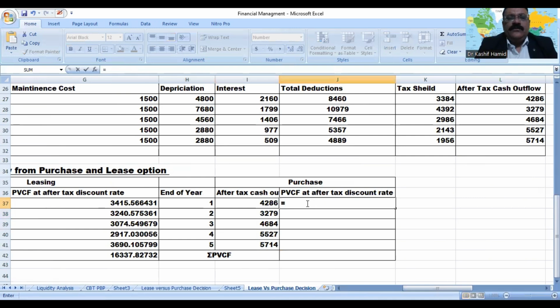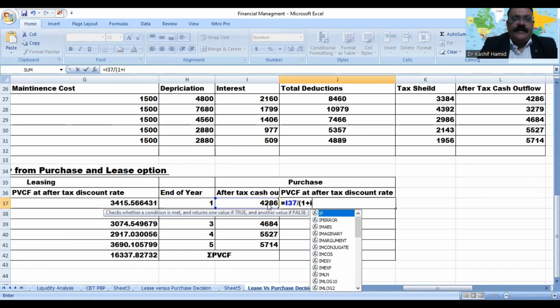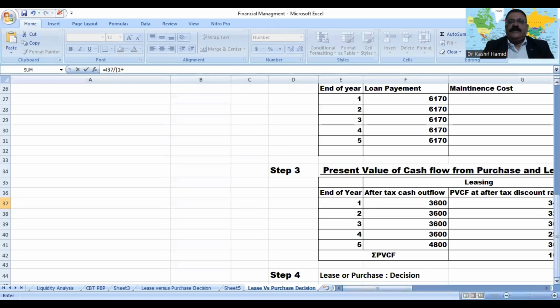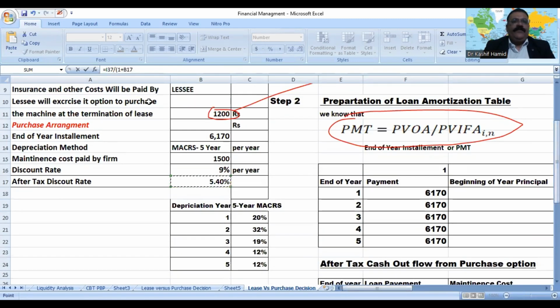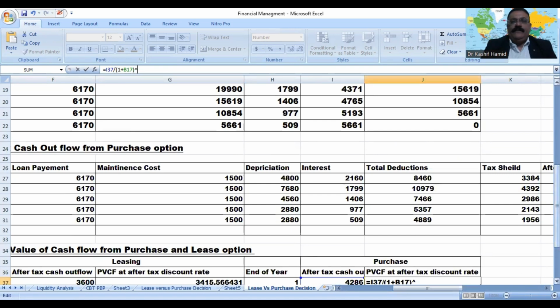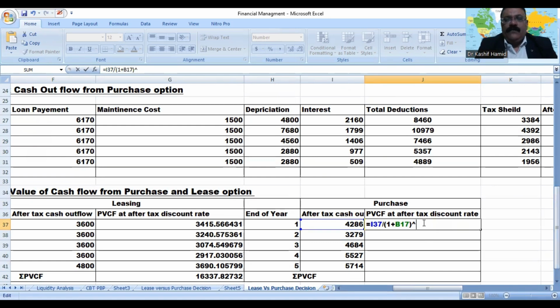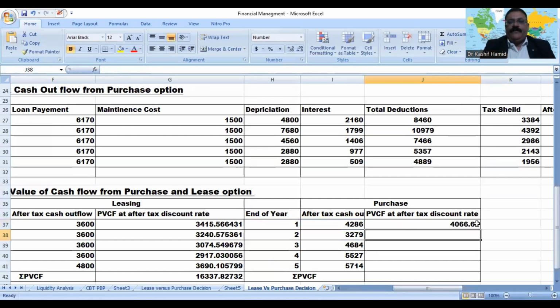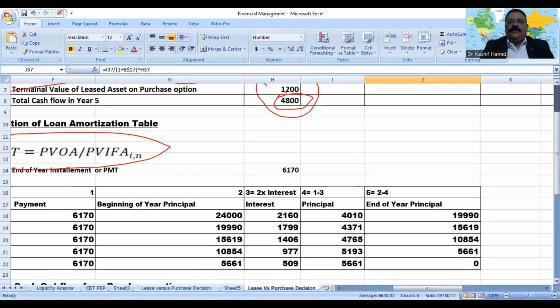Is equal to this one divided by 1 plus interest rate, the after tax discount rate, 5.4, and its power is reported here and the interest will be fixed. So the sum of these values is 19,890.